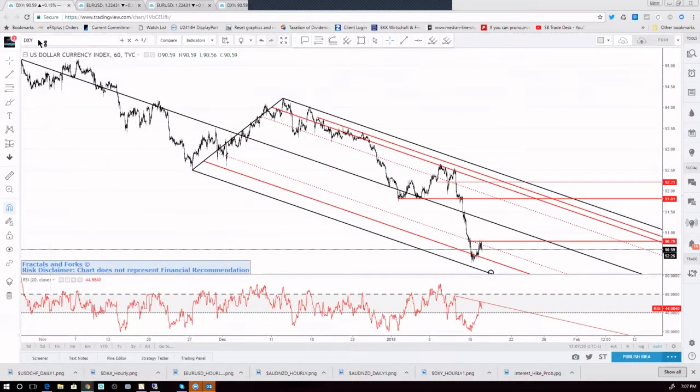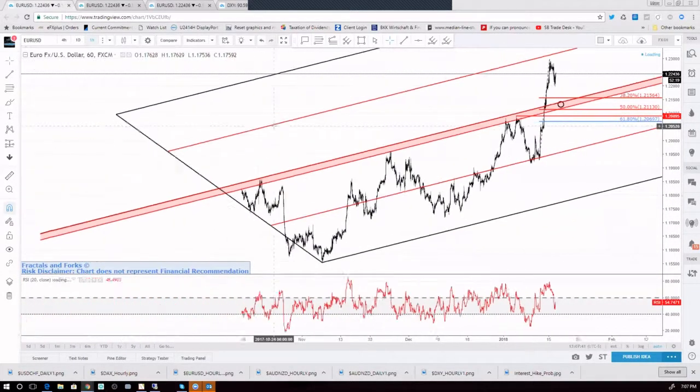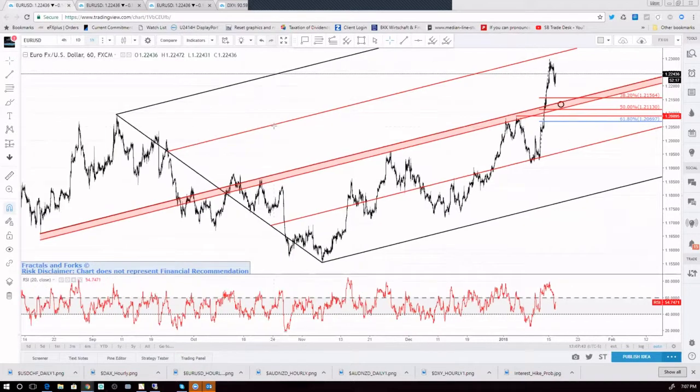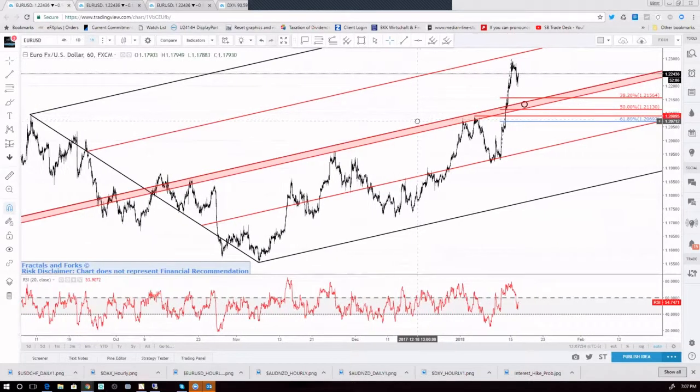On an hourly, I don't know if you will be able to see something, but I was actually looking for a deeper pullback, but this is probably a 23.6.